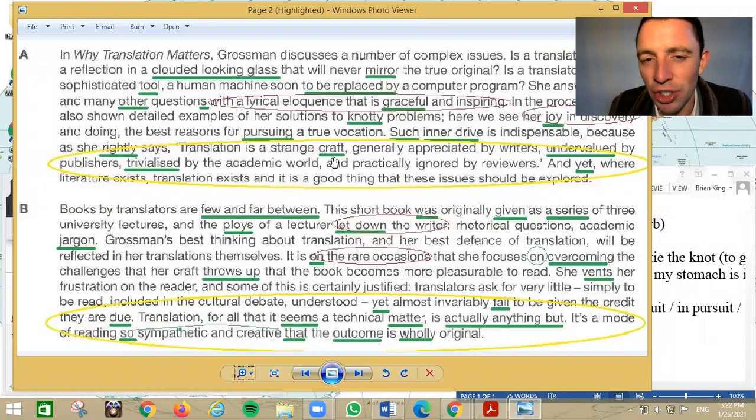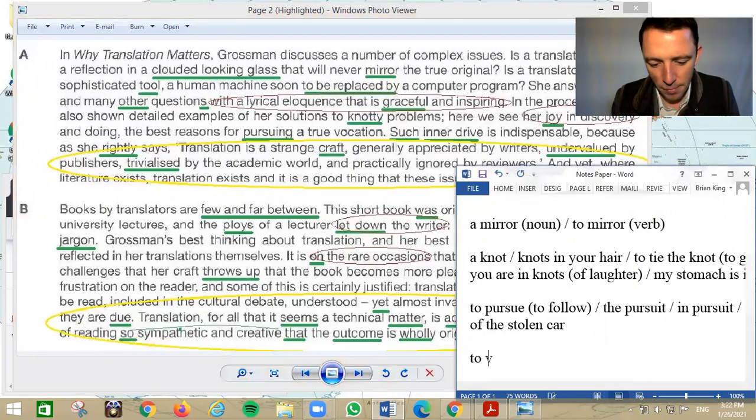Again, craft is like a job or a skill or an ability. For example, you're an electrician, that's your craft. You're a plumber, that's your craft. It's your job, it's your skill, okay? So in this paragraph, she says, or he says, translation is a skill and a talent, okay? Undervalued, very good vocabulary, okay? So the verb is to value here, to value somebody or to value something.